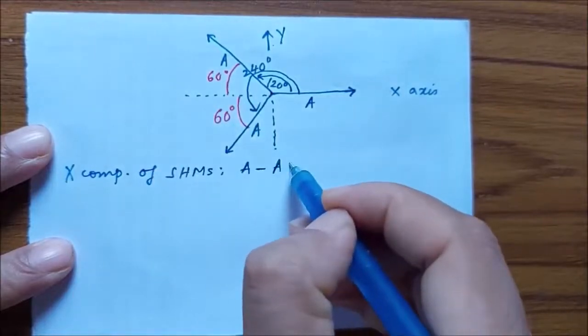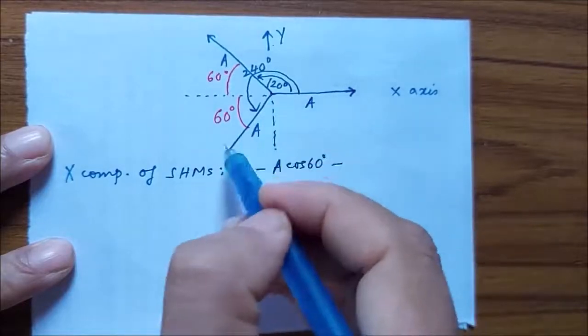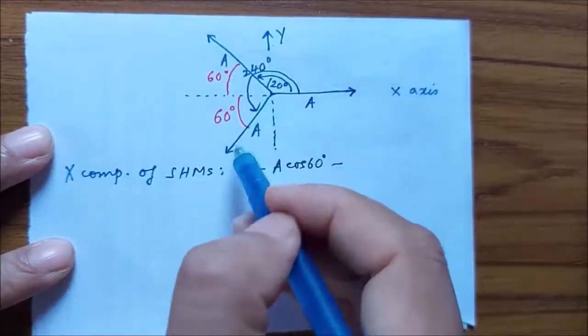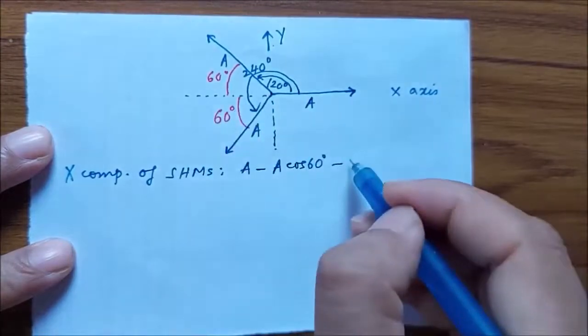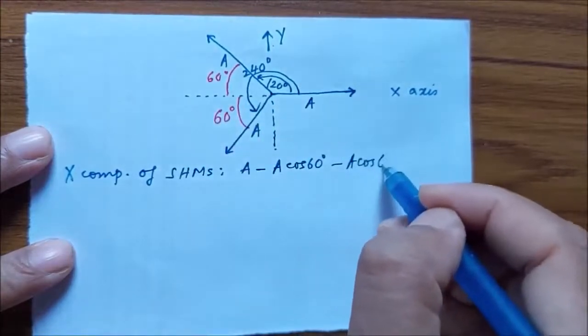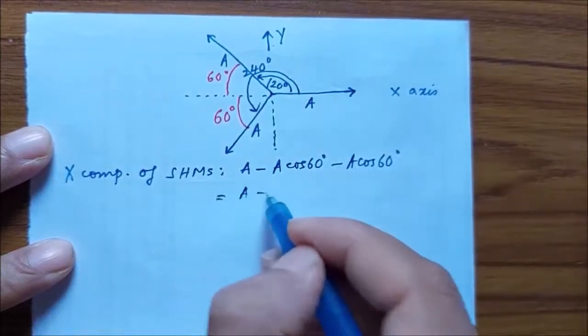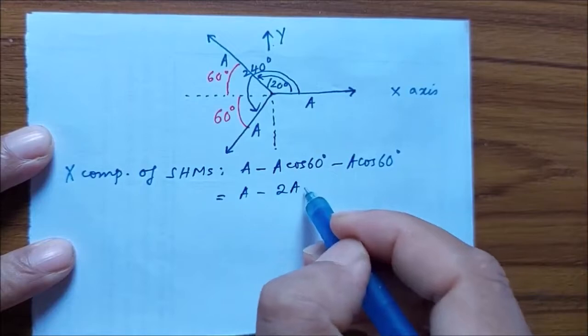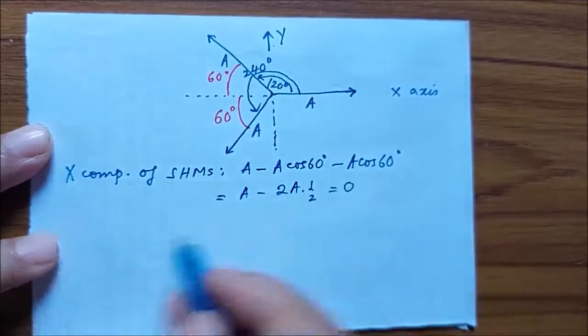So it is minus a cos of 60. And the same is true for this one also. This is equal to a minus twice of a cos 60, which is half, and therefore we have 0.